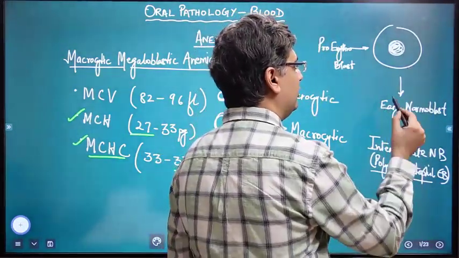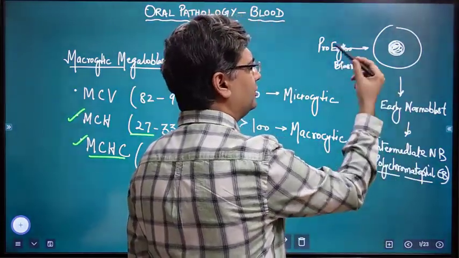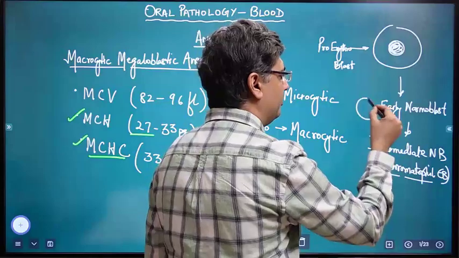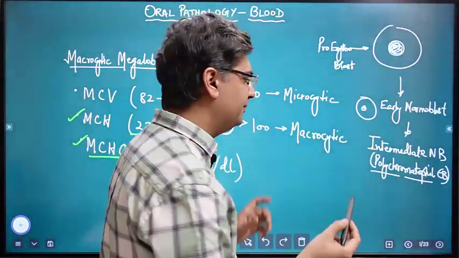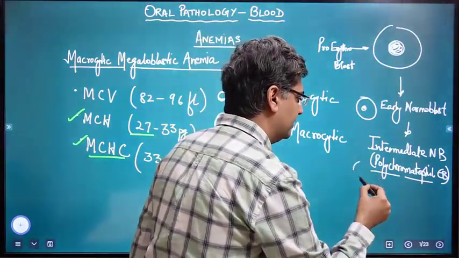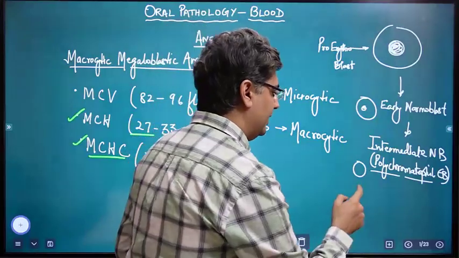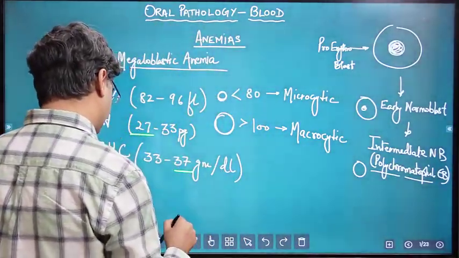The proerythroblast was the biggest in size, the early normoblast is somewhat intermediate and the nucleus is shrinking, and the polychromatophil erythroblast is even smaller in size.